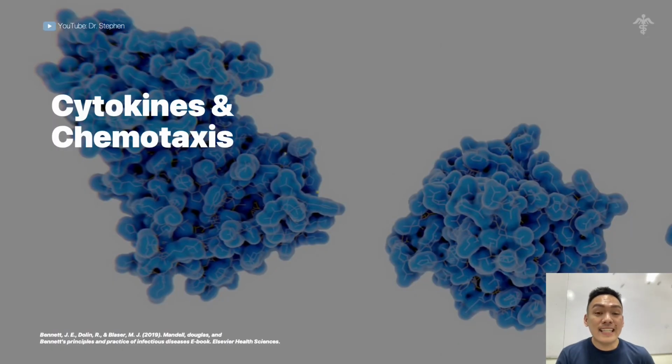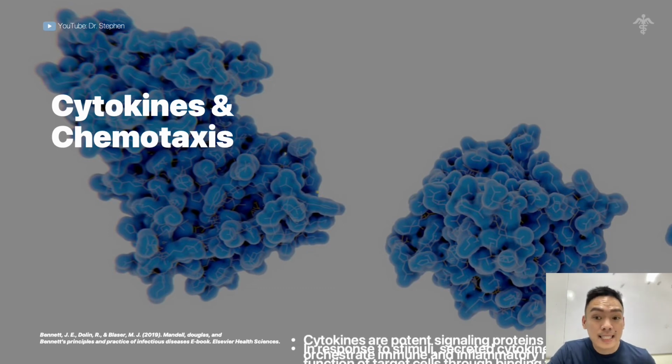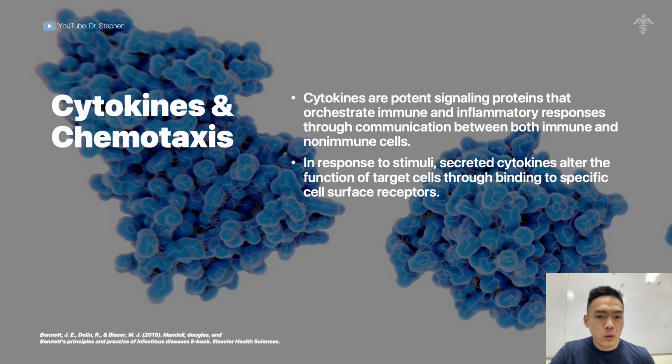Another innate immune sensing mechanism is with the use of cytokines and chemotaxis. Cytokines are potent signaling proteins that orchestrate immune and inflammatory responses through communication between both immune and non-immune cells. In response to stimulus, secreted cytokines alter the function of target cells through binding to specific cell surface receptors.